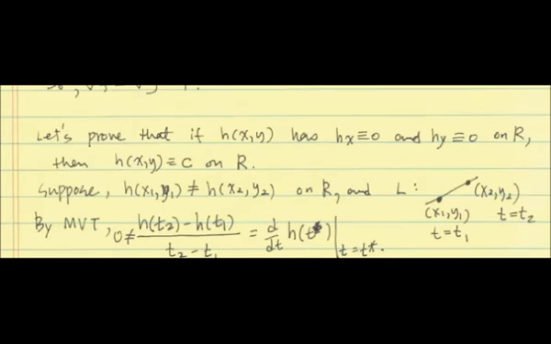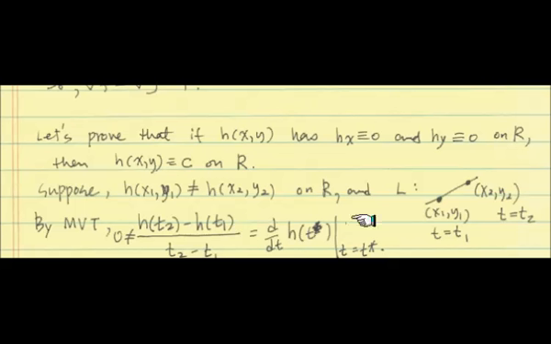Then by the mean value theorem, now h is originally a two-variable function, but suppose we restrict ourselves to this line. So it's going to be h(x, y) composed with its t parameterization on this line. So we can consider that as a one-variable function after you compose it.